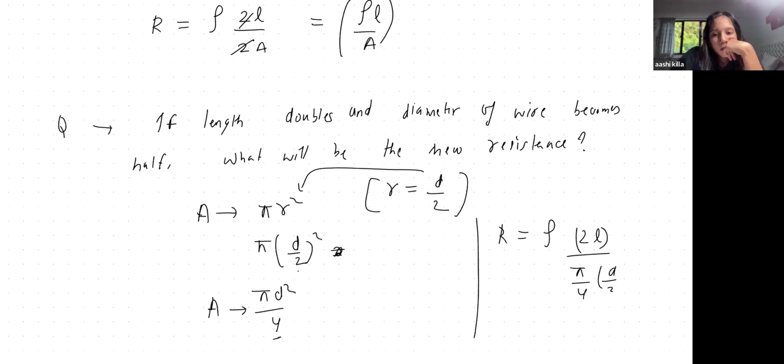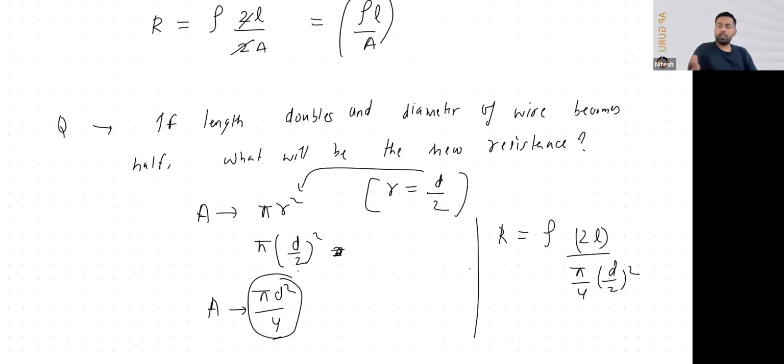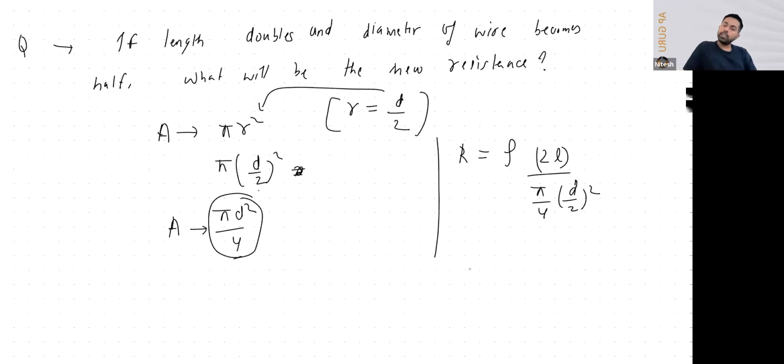Okay, perfect. Wait, I thought it would just be d squared because we already halved it. It's fine. Let me do it this way. You're saying it's proportional to the length and square of the diameter, and we already made it half, correct?